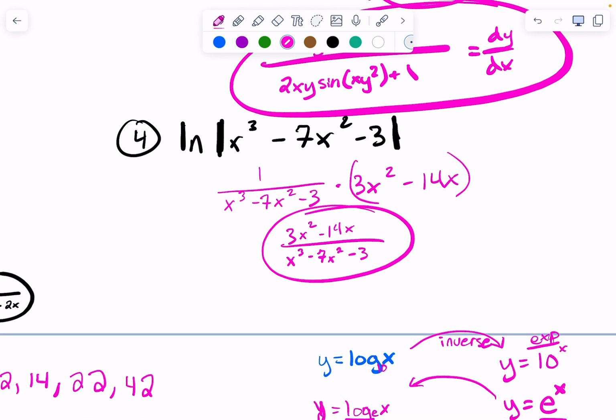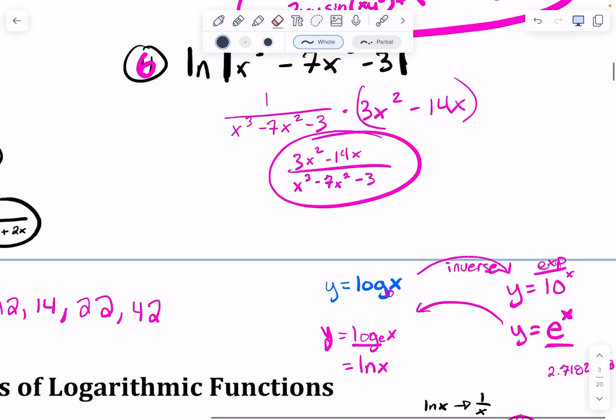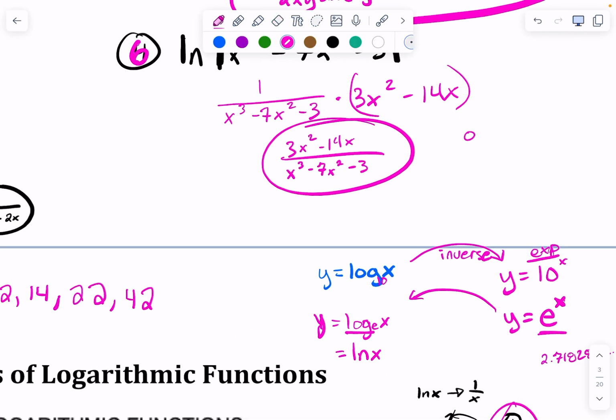That was 6, I wrote it wrong. Now 10: y equals ln of x cubed. Cubed is on the outside.